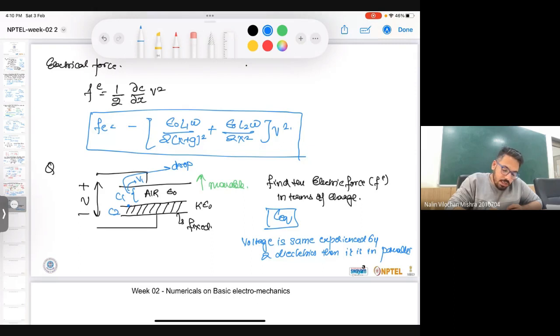So this point will experience some other voltage V2, which is less than V1. So here the potential is not same. Hence these are connected in series.